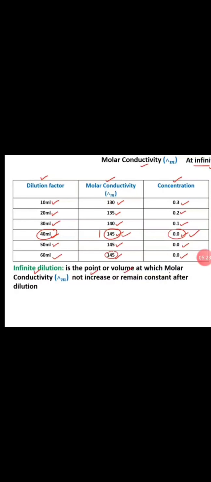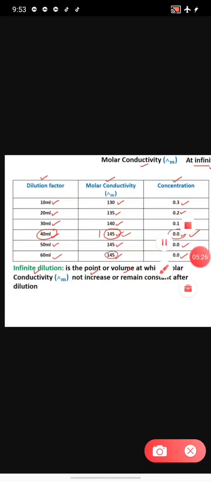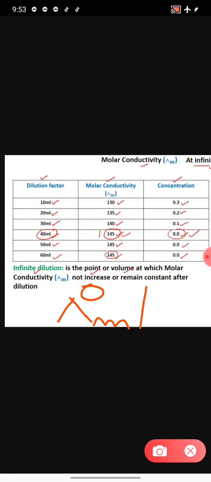That is why I told you that this is denoted as molar conductivity at zero concentration, or molar conductivity at infinite dilution. So I hope this is clear to you.